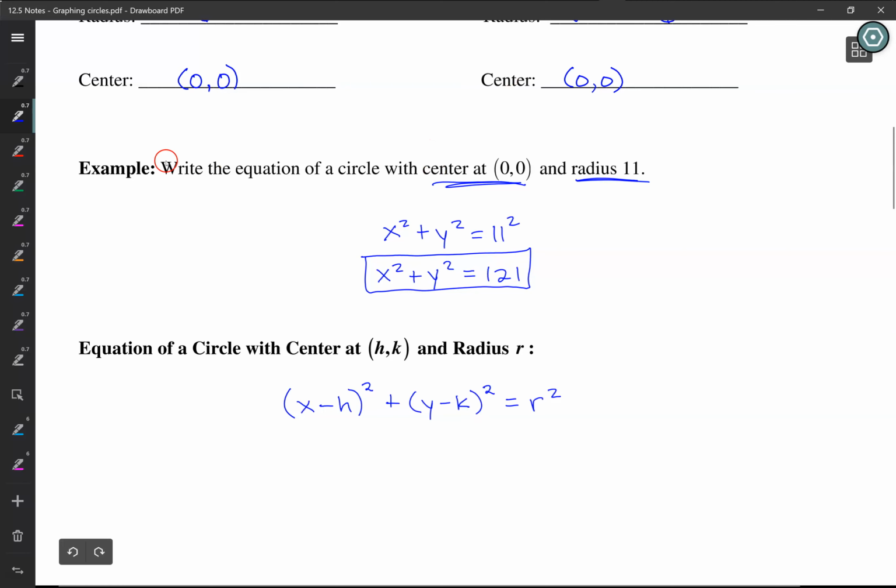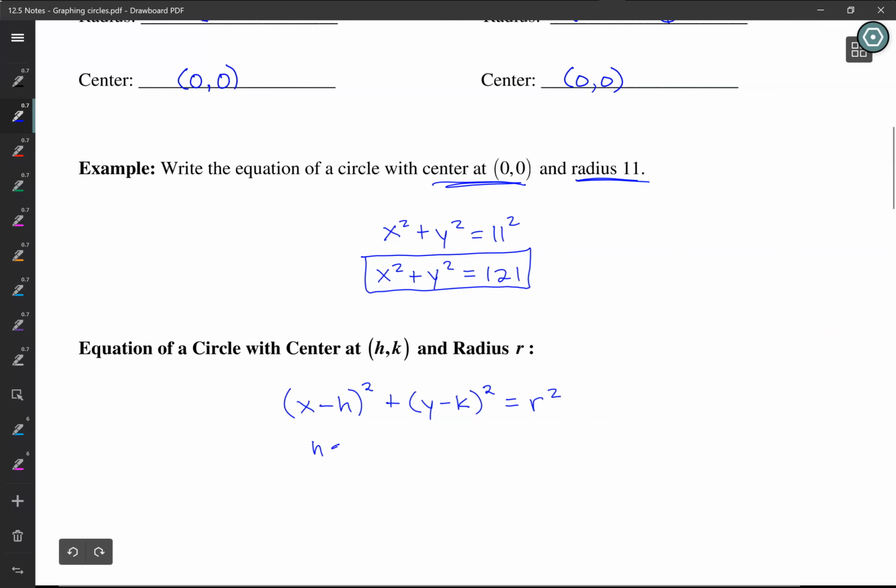Remember that anytime you see a minus in an equation like this, think opposite. So this means x opposite of h plus y opposite of k equals r squared.